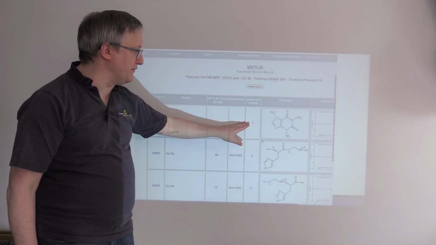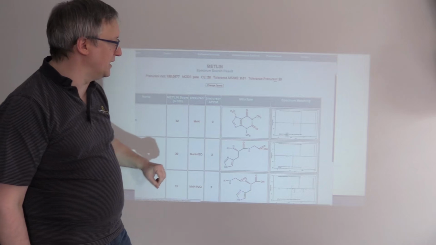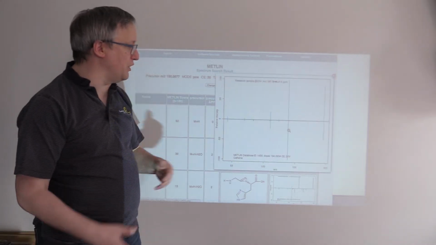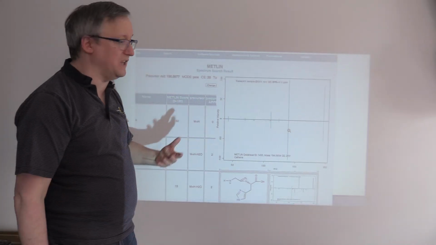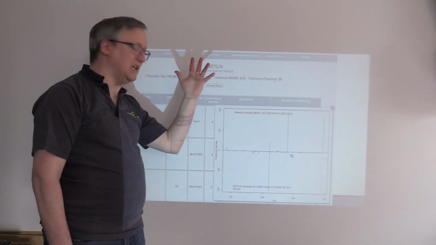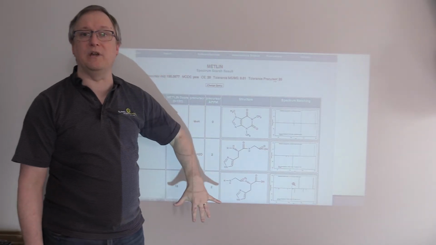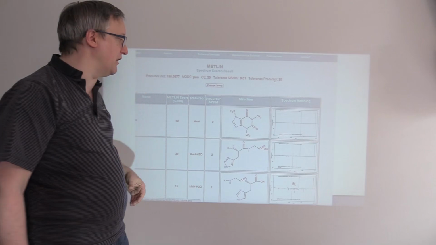We have a structure drawn for it, and we have these little mirror spectra that'll show up in just a moment. Okay, so when you click on these, you want to know how well does what you saw match what they saw. What you're seeing up top is the observed set of intensities, and down at the bottom are what appeared in the reference spectral library.